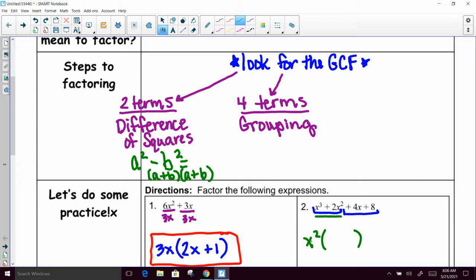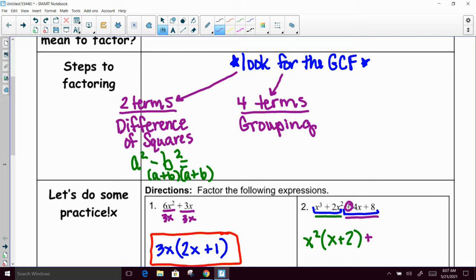Okay. What do we multiply by x squared to get x cubed? x. And what do we multiply by x squared to get a plus 2x squared? Plus 2. Okay. Now let's take a look at my second group. It begins with a plus, so this for sure is going to be a plus.